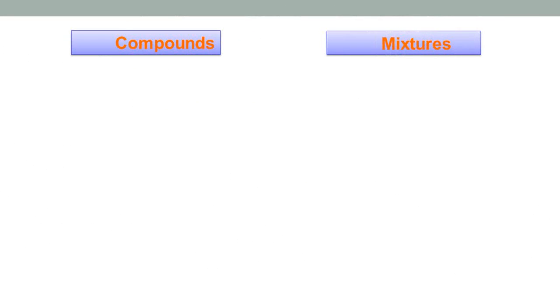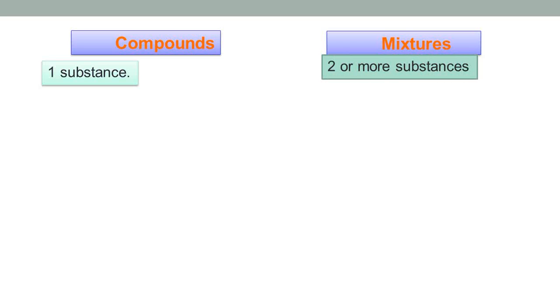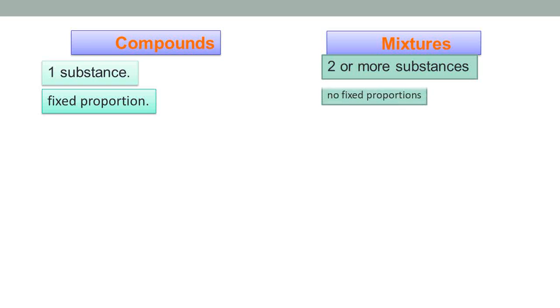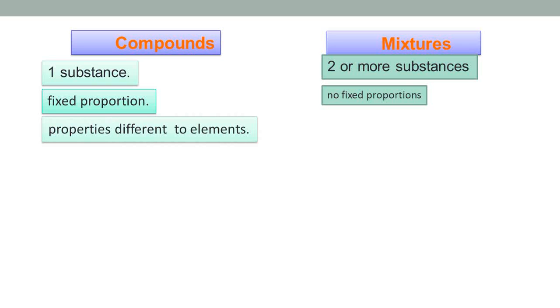If we make a comparison between compounds and mixtures, let us discuss. Here we have one substance, but in a mixture we have two substances or more. Its components can be calculated in fixed proportions or fixed ratios, but a mixture has no fixed proportions.